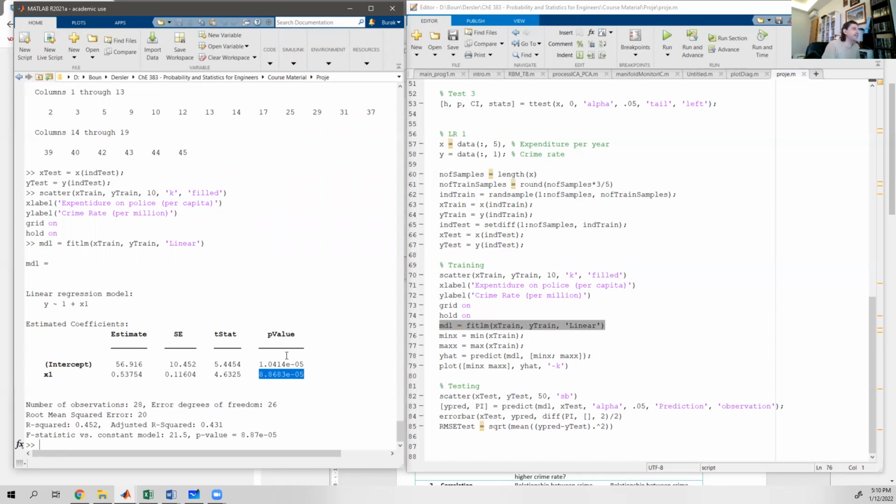And here, for this case, it is between expenditure on police and the crime rate. Note that the very same p-value is written here. This is by an F-test, which I haven't shown you when it comes to the regression part. We haven't covered that, but the significance of regression, when you have a simple linear regression, by the way, is indeed this. If you have more than one variable, that's another story which we haven't covered. These two values are going to be equal to each other.